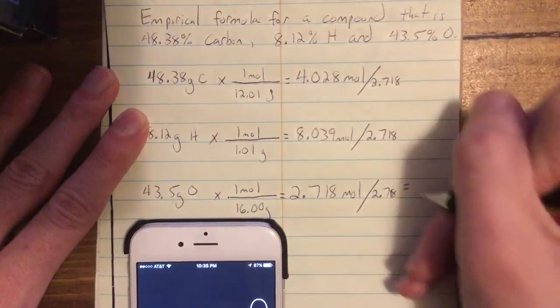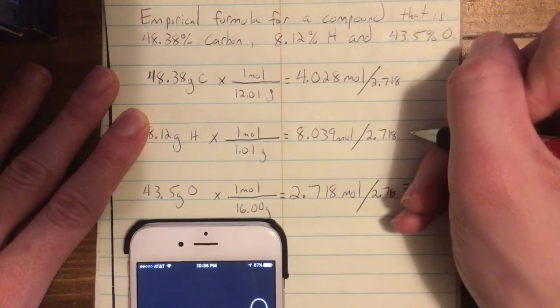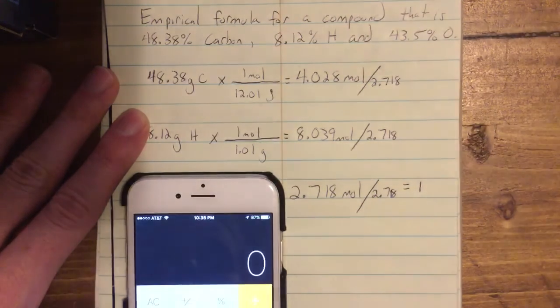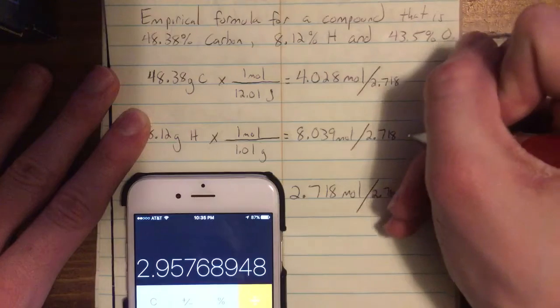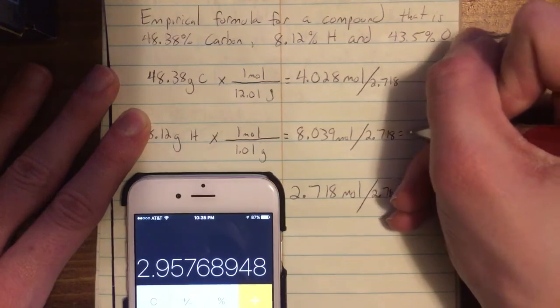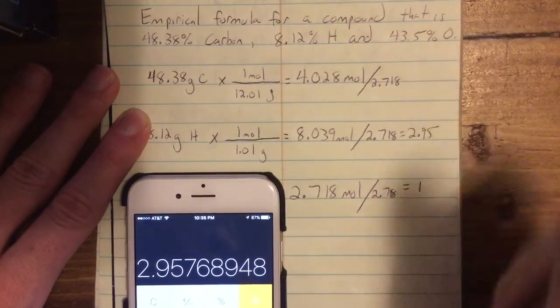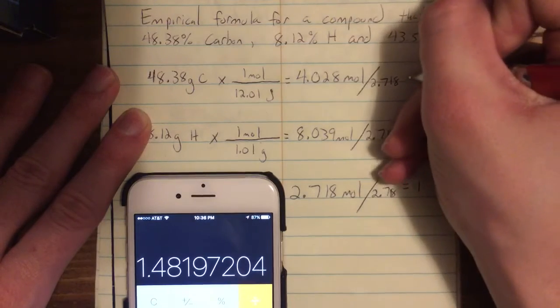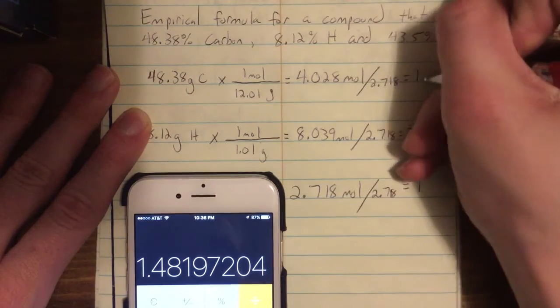Okay, obviously this value equals 1. Okay, the 8.039, we got to do in a calculator, so 8.039 divided by 2.718. So this equals 2.95. And then the top value, which is 4.028 divided by 2.718 equals 1.48.